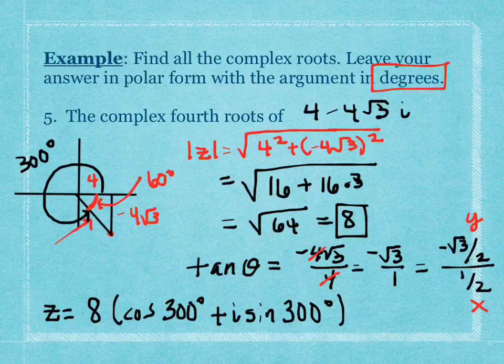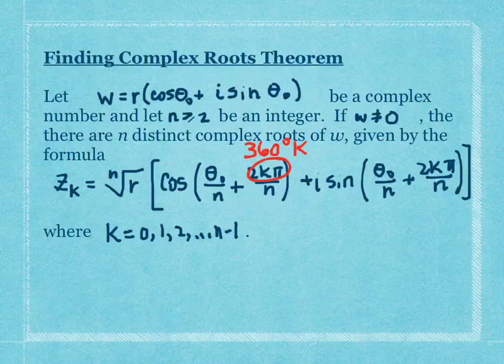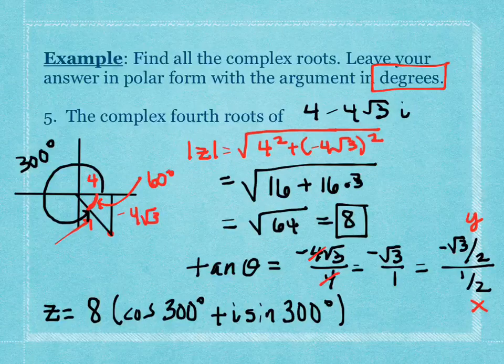So this is the original polar coordinate form that I have to start with in order to even be able to use this theorem over here. All right, this formula can't be used without polar form already, so I've got to get in polar form, so that's what we did first.